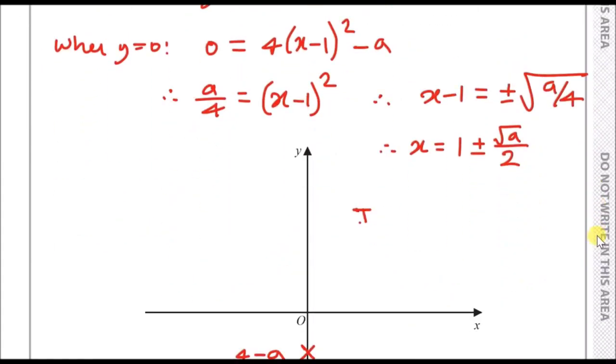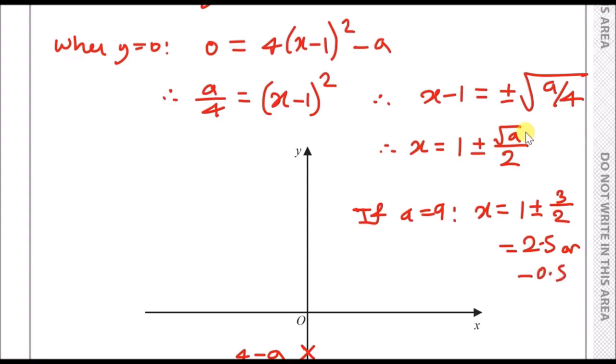So if a equals 9, because we're trying to figure out where it's going to be, then we're going to get x equals 1 plus or minus, so square root of 9 is 3, so 3 over 2. And this is going to be 2.5, or 1 take away 3 over 2, negative 0.5.